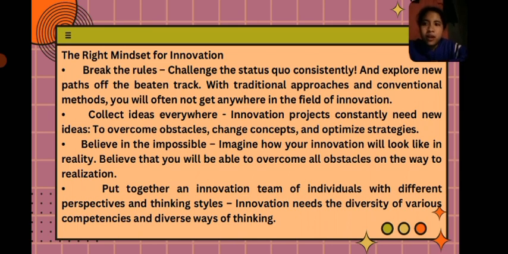So they broke the rules of traditional mga approaches. That is why they've created continuous innovation kay hangtod karon na agihapon na continuous ang innovation na ilang na-create.